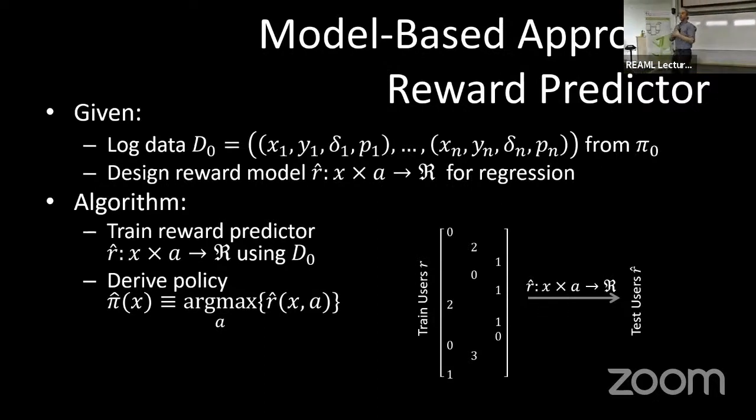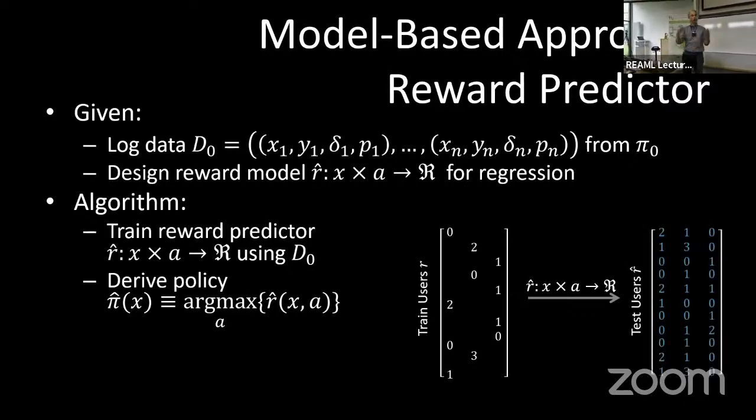And now when we have some test users, we can simply impute all of the values. We can use our regression model that we've trained and predict, for this first test user, action 1 has a reward of 2, action 2 has a reward of 1, and action 3 has a reward of 0. And how do we read off a policy now?